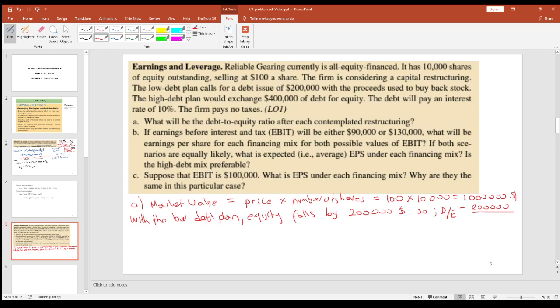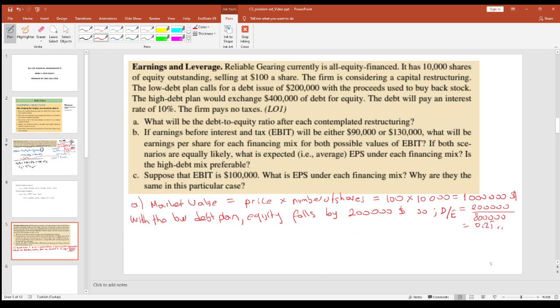Remember that at the initial stage we had no debt. So we have a plan to find debt financing by an amount of $200,000. So that's why we have $200,000 debt. Equity, on the other hand, will be lower by an amount of $200,000. So it will reduce from $1 million to $800,000. And from this, you can see that this is 0.25.